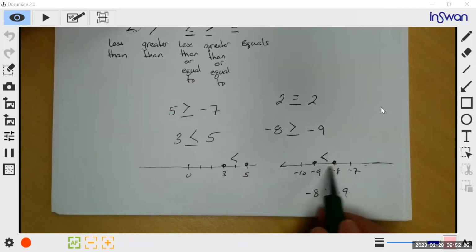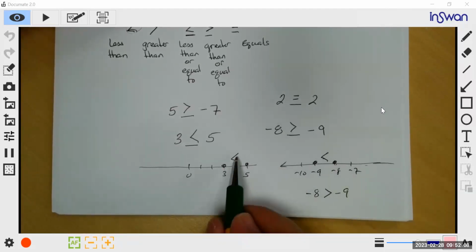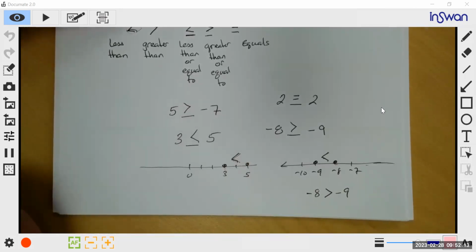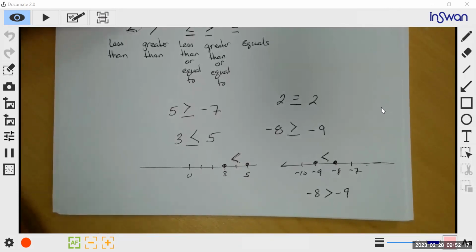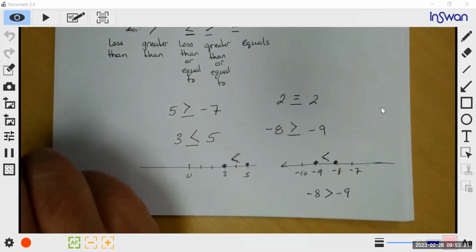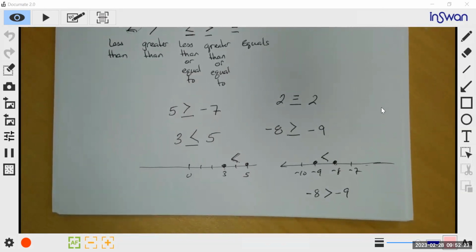You should be able to read them both ways. 3 is less than 5. 5 is greater than 3, depending on how you read it. So that's a perfect way to say it. If you don't know which is bigger, put a number line. And it always points to the smaller number.